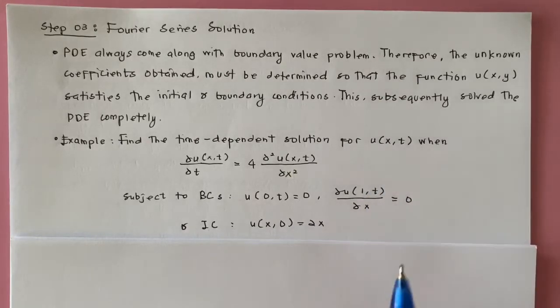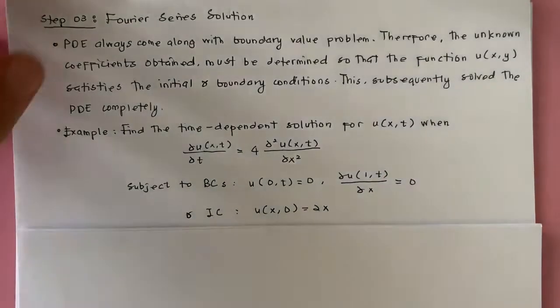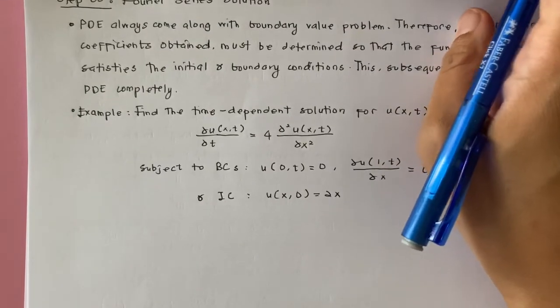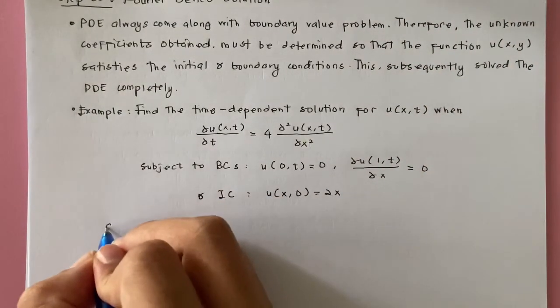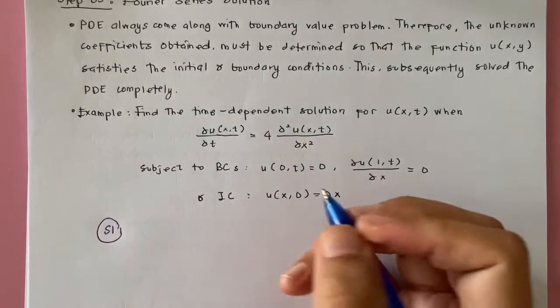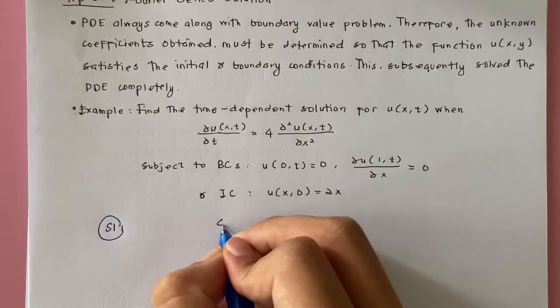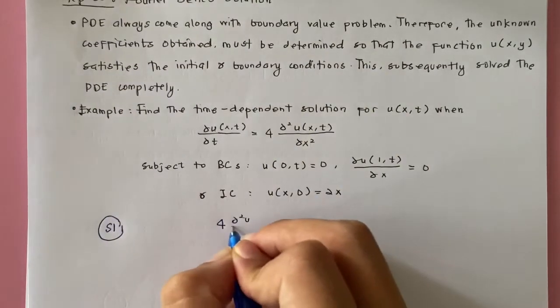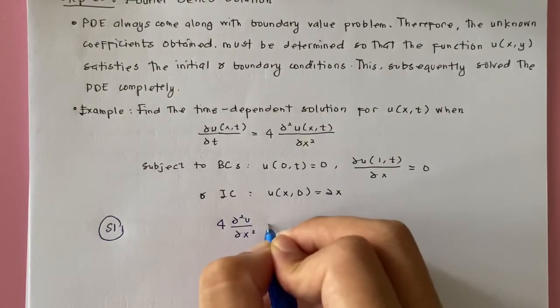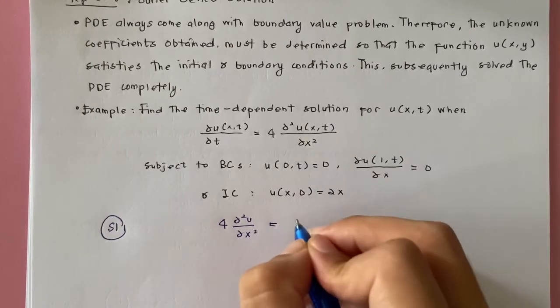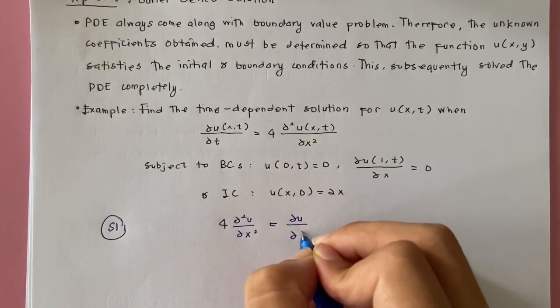So let's see how we solve this example. We will start with the first step. In this case, we have 4 del square u over del x square equal to del u over del t.